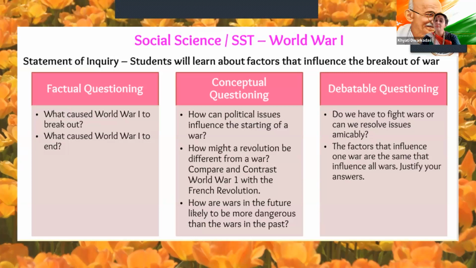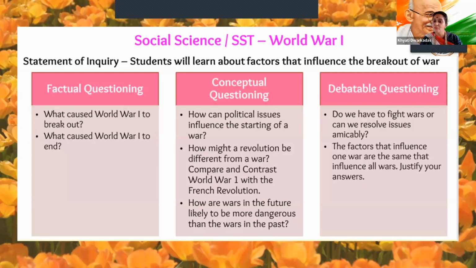Concept: how can political issues influence the starting of a war? How might a revolution be different from a war? Compare and contrast World War I with the French Revolution. Or how are wars in the future likely to be more dangerous than the wars of the past? But the moment we move to debatable questions, we start asking, do we have to fight wars, or can we resolve issues amicably?